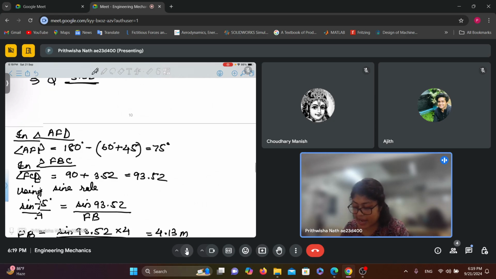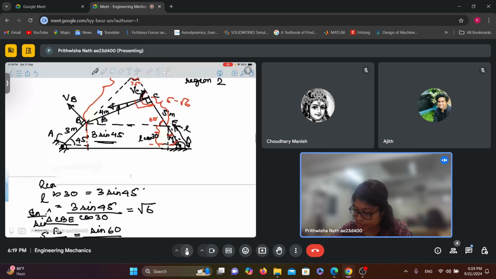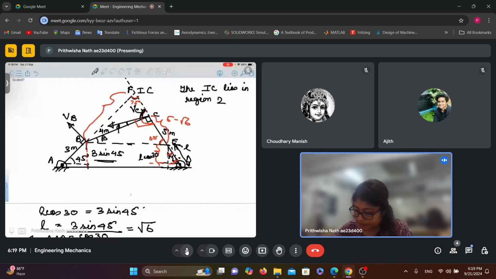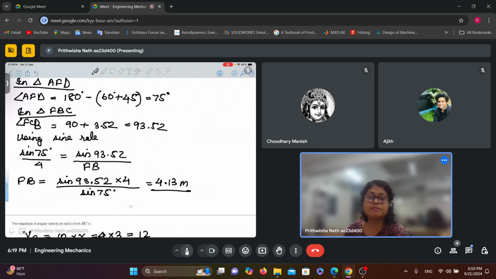So simply using the sine rule, opposite to the 75 degree angle there is this length which is 4 meters, and opposite to this angle FCB is the length FB which we are asked to find. So we can calculate FB from this sine rule.